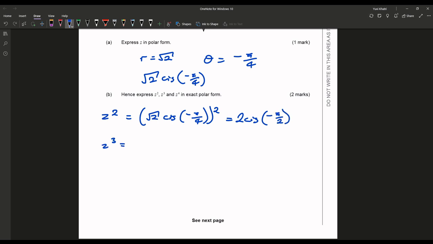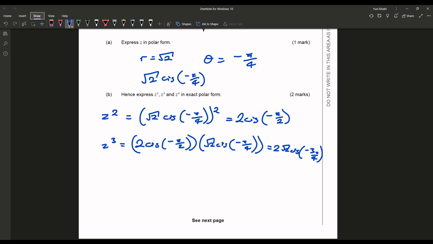Now z cubed is z squared, 2 cis negative pi over 2, times z, which is root 2 cis negative pi over 4, which becomes 2 root 2 cis negative 3 pi over 4. And that's because these multiply and the angles inside add.